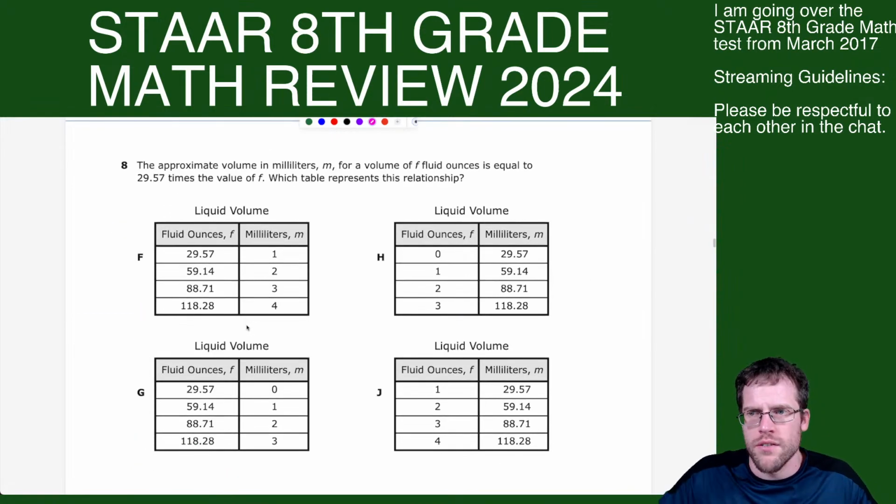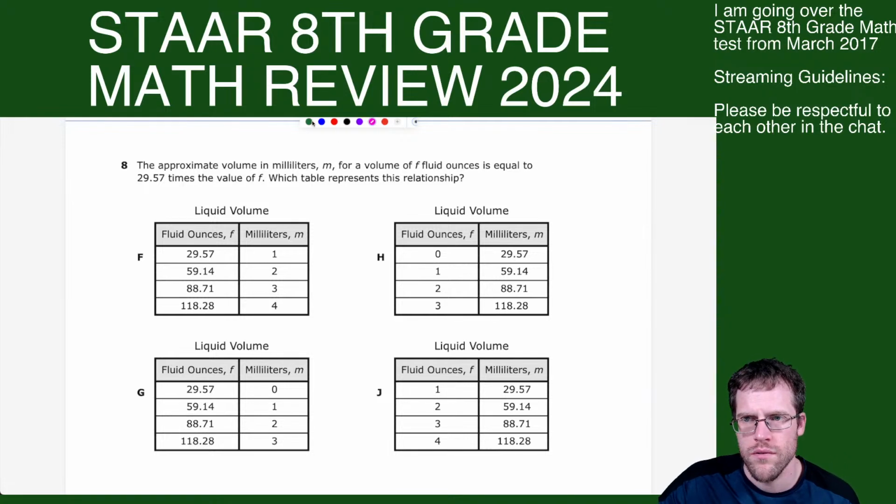So moving on. The approximate volume in milliliters, M, for a volume of F fluid ounces is equal to 29.57 times the value of F. Which table represents this relationship? All right, that's something I would want to reread more than once.